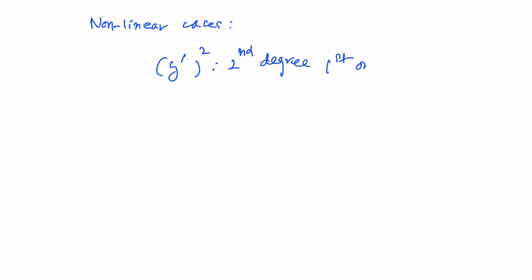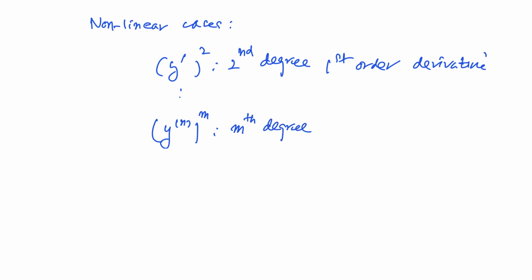On the other hand, in nonlinear cases, y prime squared is a second degree, first order derivative. y to the m-th degree is an nth order derivative.